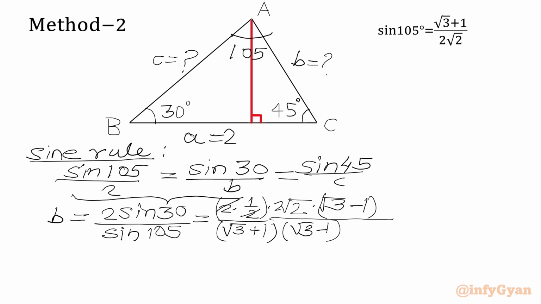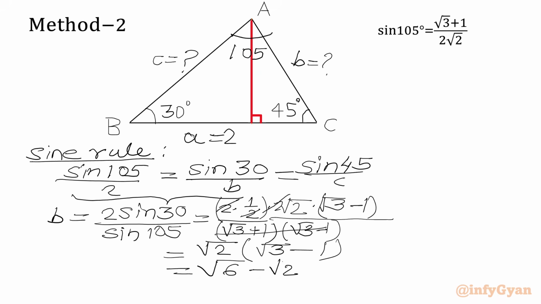Now 2 and 2 will be over. In the denominator, we are going to write 3 minus 1, which is 2. So this 2 will get cancelled out, numerator 2. So we are going to write root 2 times (root 3 minus 1), or we will write root 6 minus root 2 using the sine rule. This is b, which is side length AC.